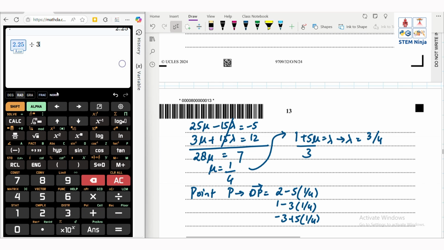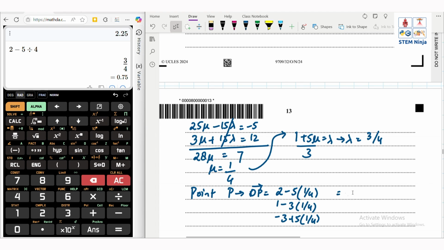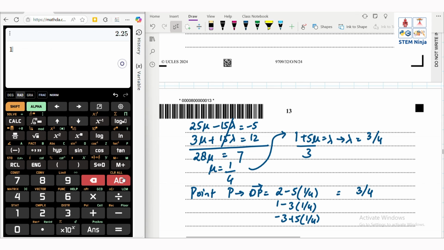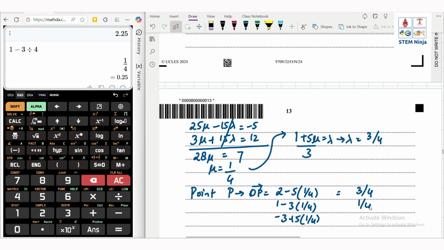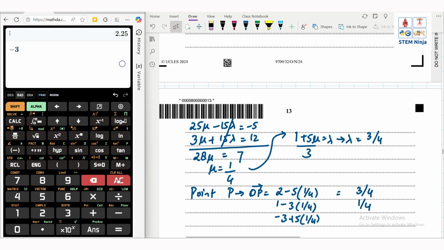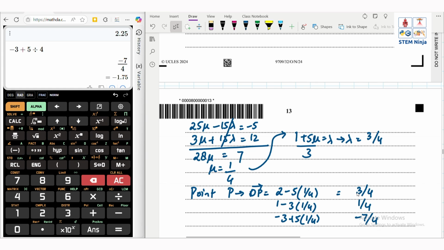All right, so let's go with finding this out. 2 minus 5 divided by 4 is 3 by 4. 1 minus 3 by 4 is 1 over 4. And minus 3 plus 5 divided by 4 is minus 7 over 4. So that is your position vector of P.